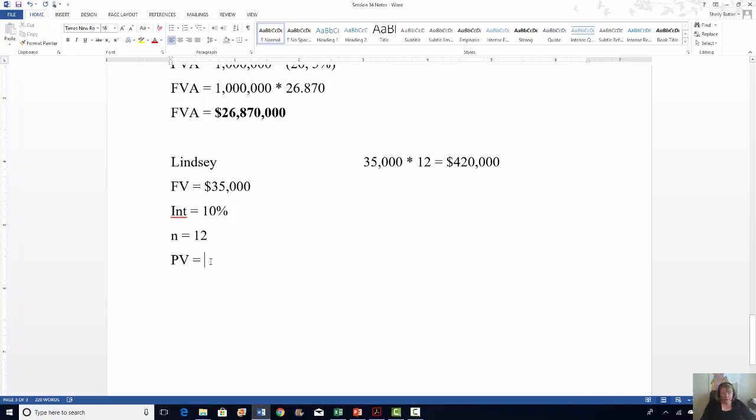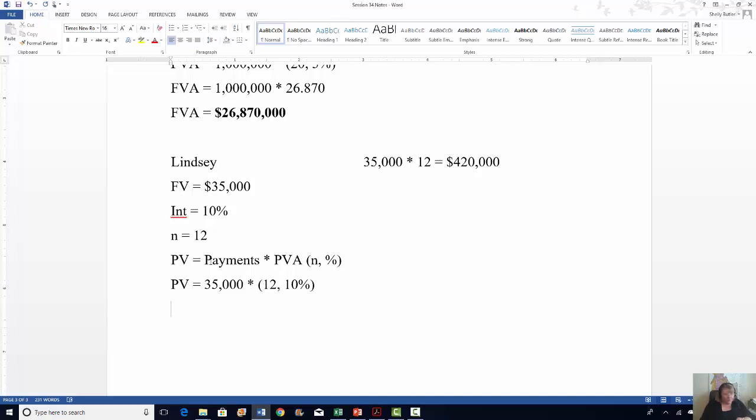So the present value is the payments multiplied by the present value of the annuity factor, with the N and the percent. That's your formula. So the present value is equal to $35,000 multiplied by 12 at 10%.